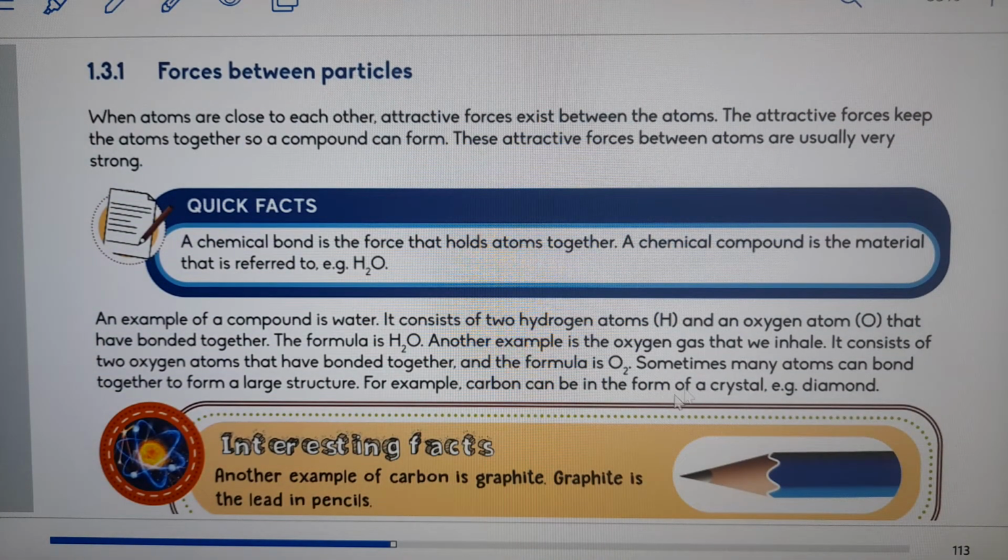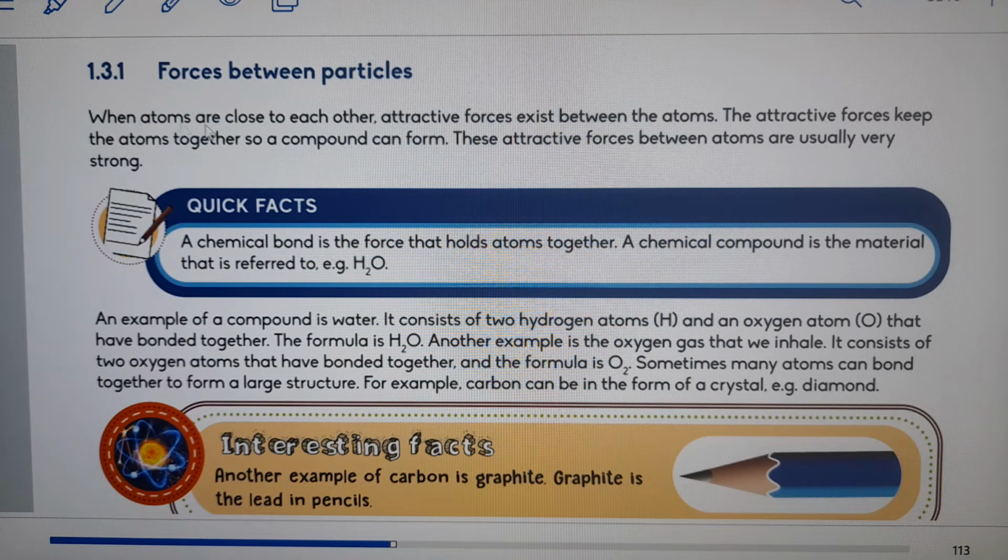Now let's look at the forces between the particles. Remember, when compounds form, it means an atom is joined to another atom. So there are forces between these joints, or between these bonds. When atoms are close together, attractive forces exist between the atoms.